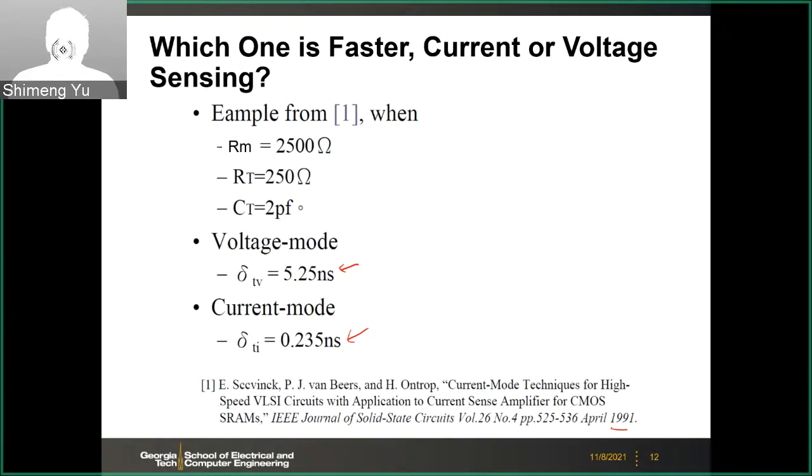This really depends on the memory cell resistance and your RC parameters of the wire, depending on the array size. Those RT and CT depend on the technology node and the array size, like 64 by 64 or 1000 by 1000, then the RT and CT will be different.